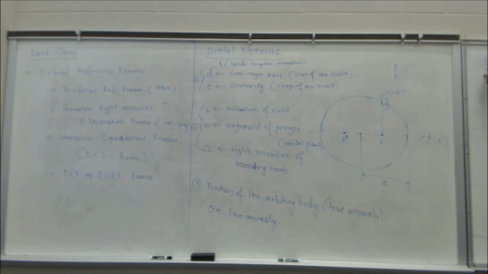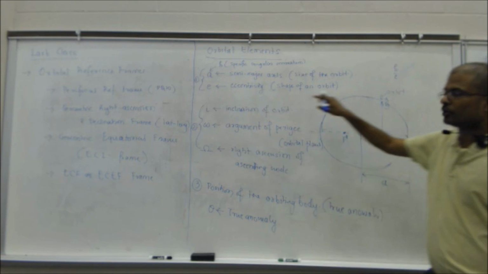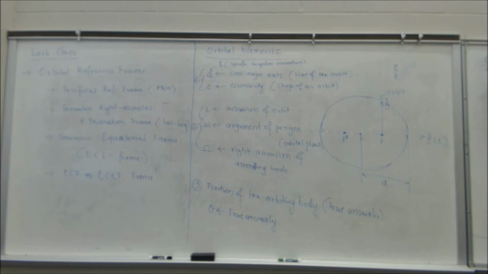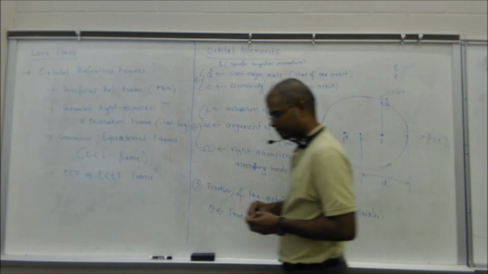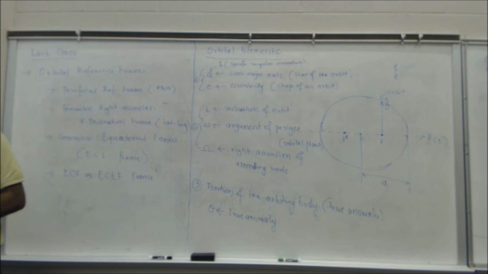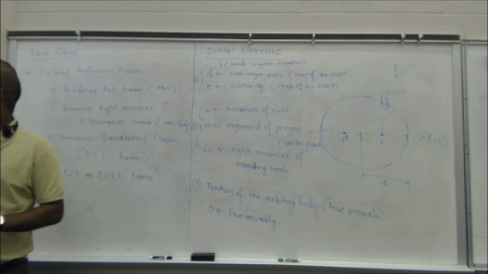So h squared over mu is P, called the parameter, and this parameter is equal to A times 1 minus E squared. So you see the relationship between H and A. If you know H, you know A. If you know A, you know H. We know E, and mu is a constant, so knowing E, you can always switch between H and A. Any questions until now? Is this clear?